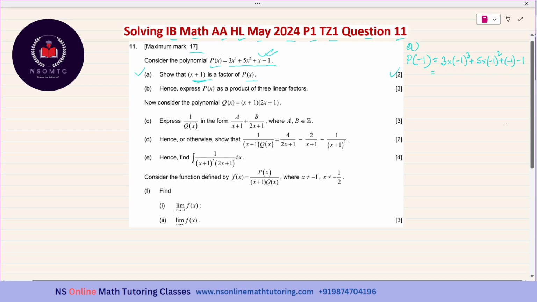So this is equal to 3 times negative 1 whole cube is negative 1 plus 5 times 1, and this one is minus 1 and this one is also minus 1. So 3 times negative 1 is negative 3 plus 5 minus 1 and minus 1, which is equal to 0. Okay. So p of negative 1 is equal to 0.